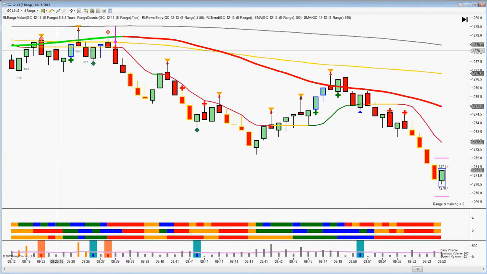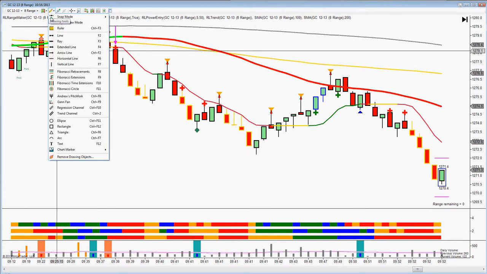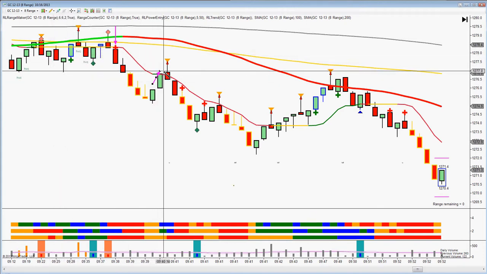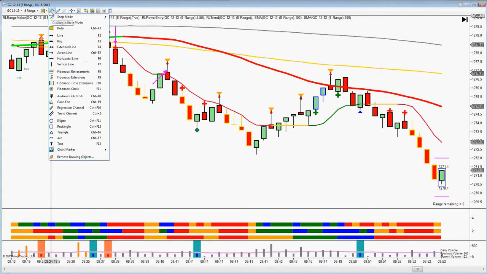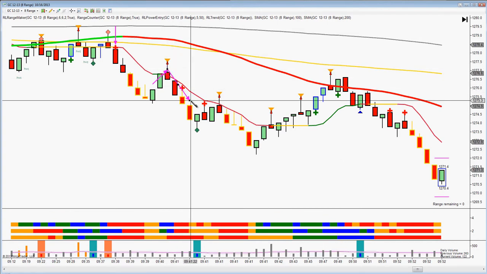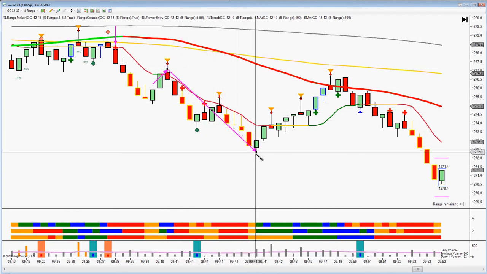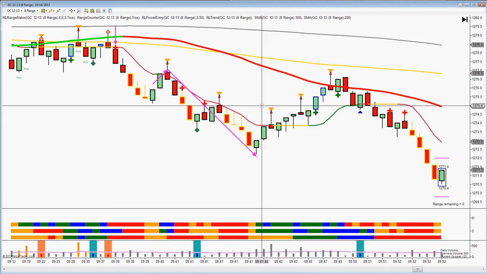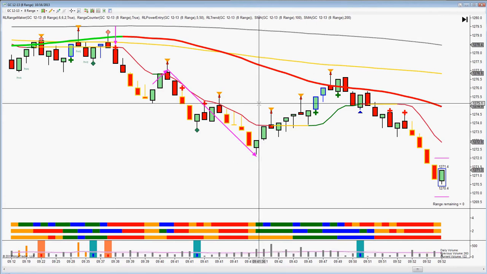So the trade from here, and we don't know how many seconds, to here evolved over a period of 1 minute or less than 60 seconds.